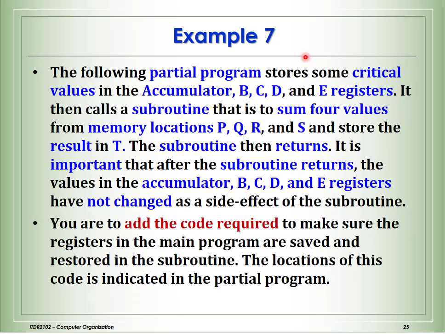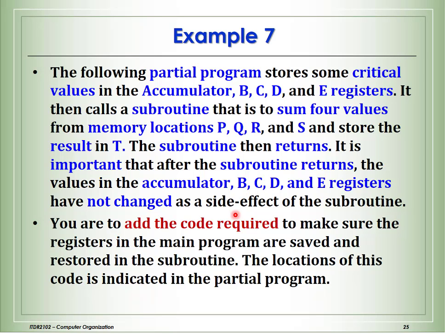Now example 7. The summary of this program is that we are going to store some values in the accumulator and in registers B, C, D, and E, and then we call a subroutine that is going to sum 4 values from the memory locations P, Q, R, S, and store the result in T. The subroutine then returns the value.